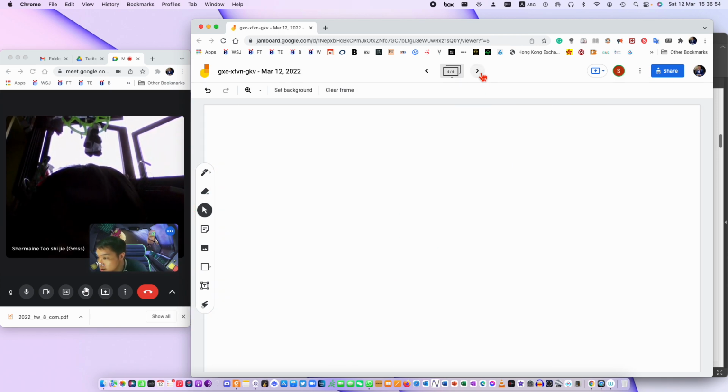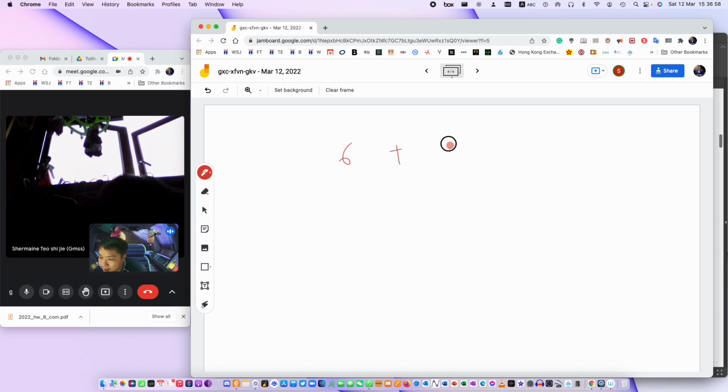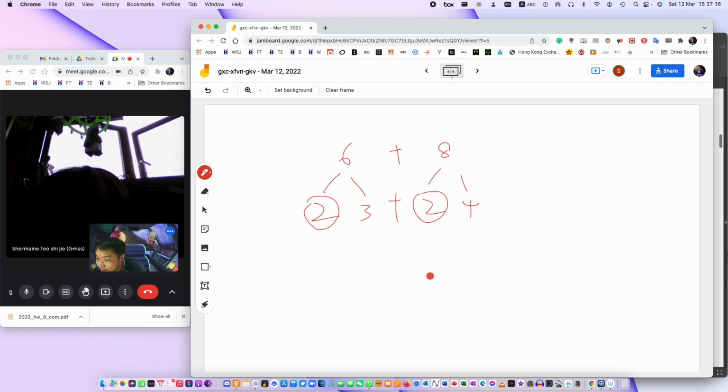Go to slide 6. 6 plus 8. How can you split the 6 and the 8? 2 and 3, right? 2 and 4, right? Am I right? What's common? 2, right?